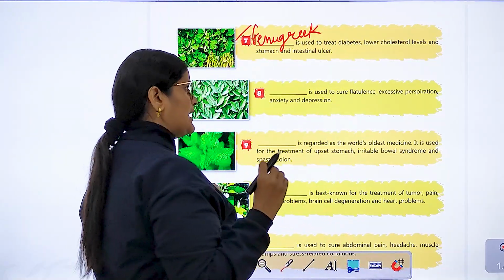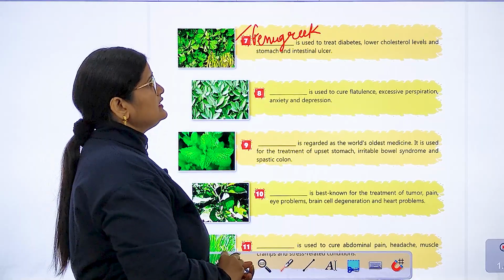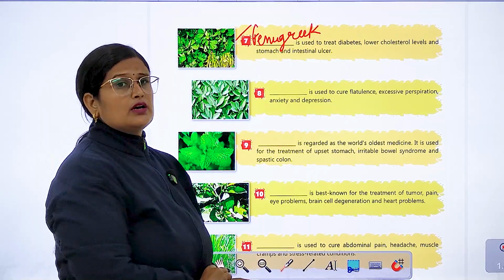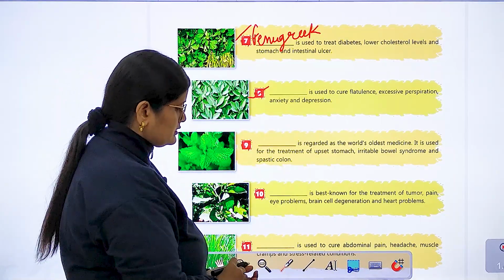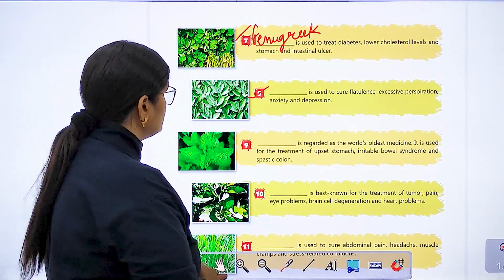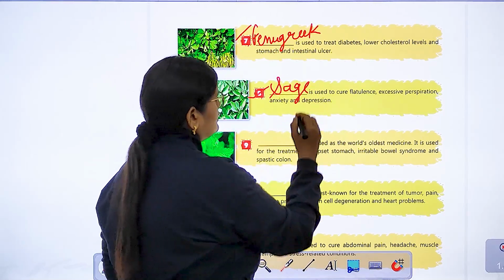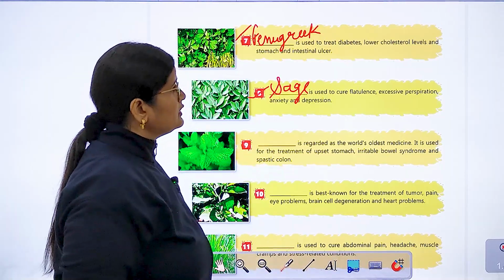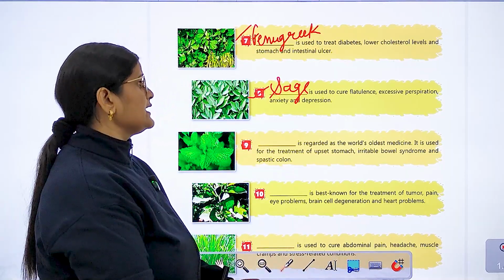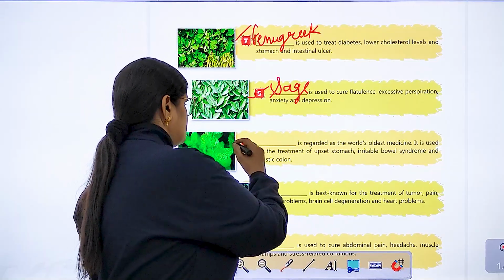Is used to treat diabetes, lower cholesterol levels, and stomach and intestinal ulcer. Number 8, this is sage. Sage is used to cure flatulence, excessive perspiration, anxiety, and depression.